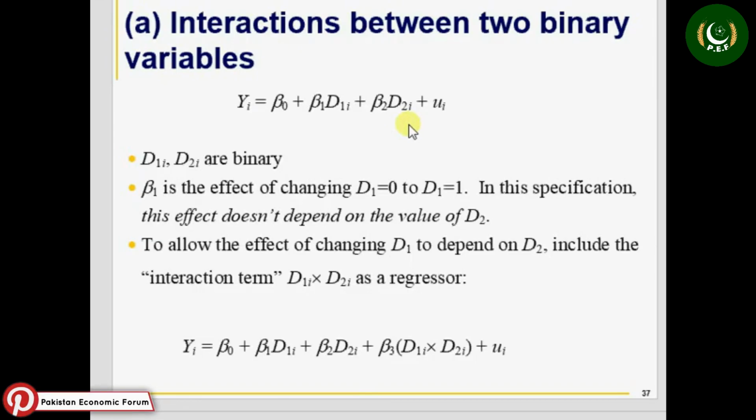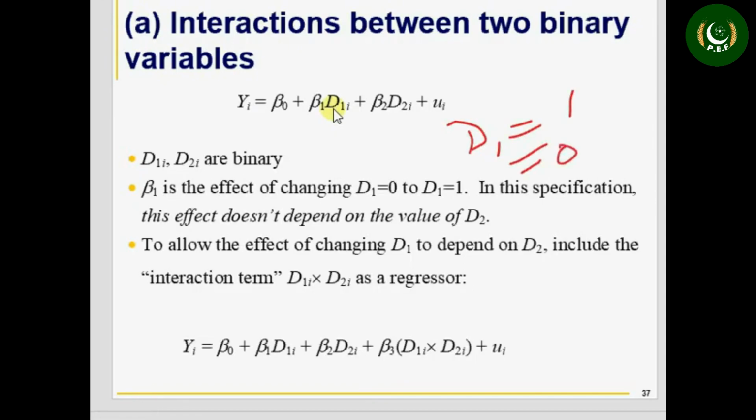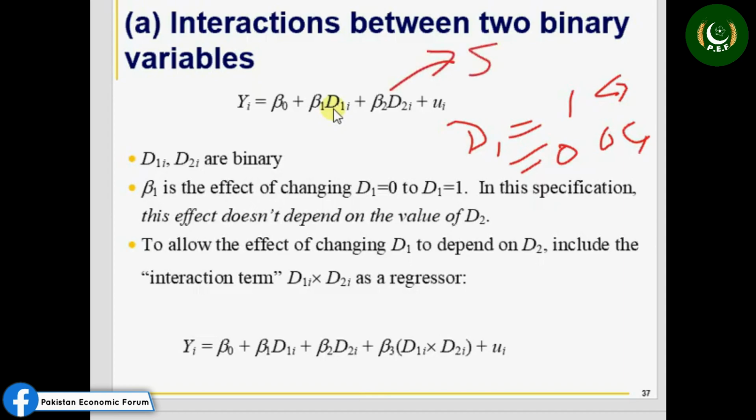For example, if I want to see the impact of graduation on earning, we say d1 is equal to 1 if graduate and 0 if not. This is for graduate, this is for undergrad. Now d2 is, let's say, sex, male or female.